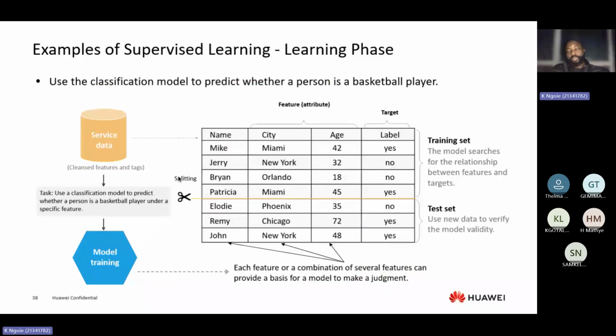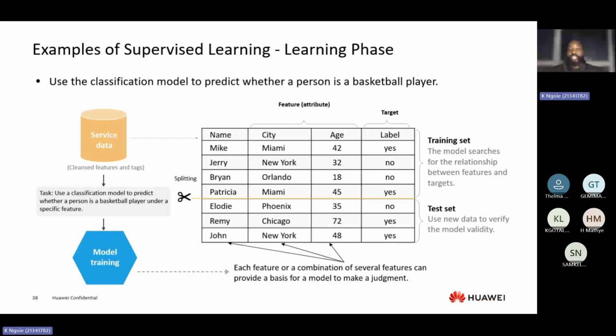Okay, so this is an example of supervised learning that shows how the learning phase happens. In this case, we are trying to see if a certain player is a basketball player. We want to let the algorithm learn from the data, and then it's going to give us an output, and the output can be yes or no. So this is a classification problem, because we have two classes, a yes and a no class.